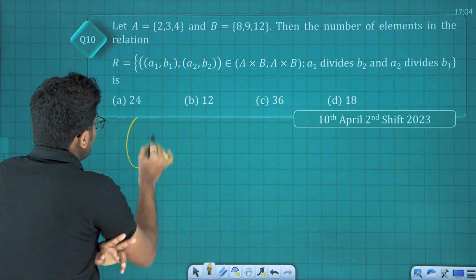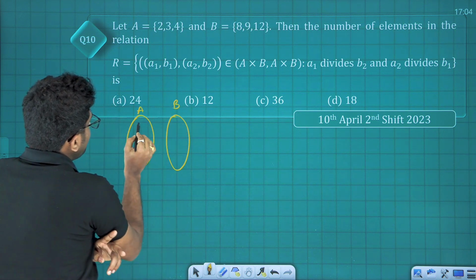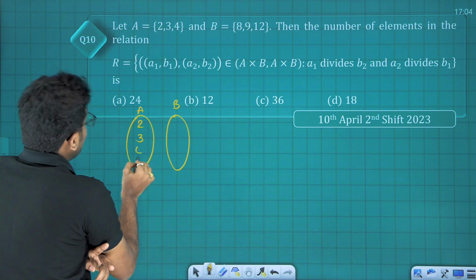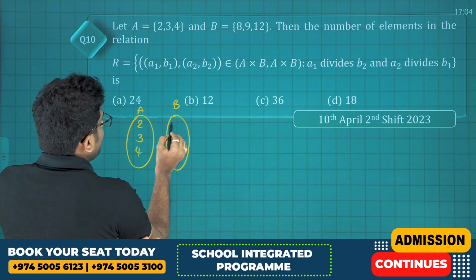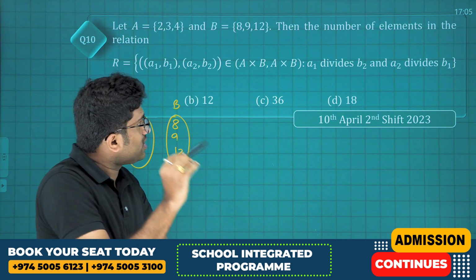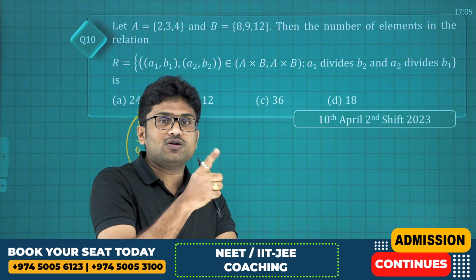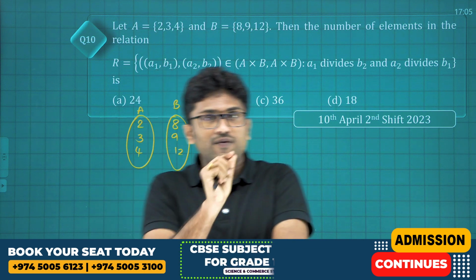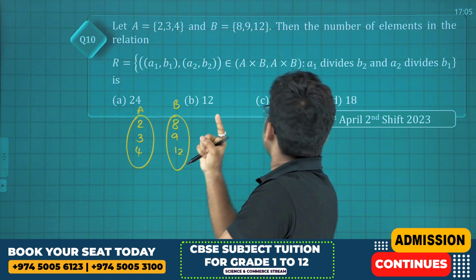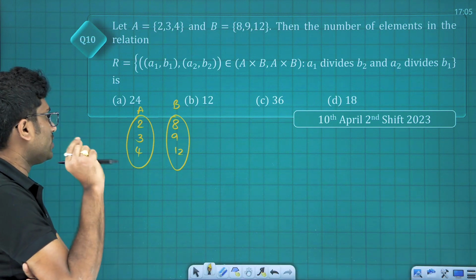Set A has three elements, 2, 3, 4. Set B also has 3 elements, 8, 9, 12. Now the ordered pair (a1, b1) is related to the ordered pair (a2, b2) if a1 divides b2 and a2 divides b1.